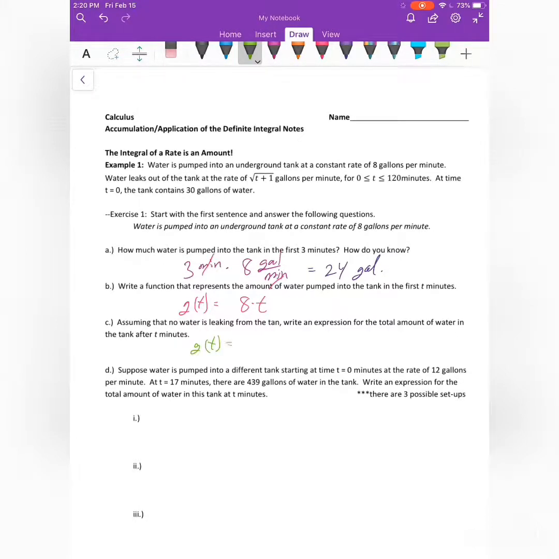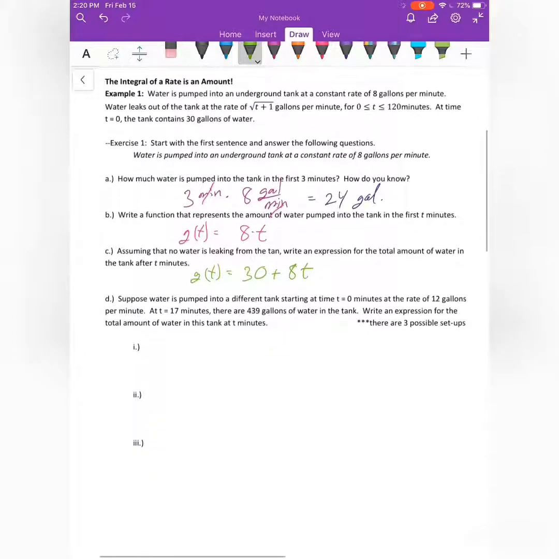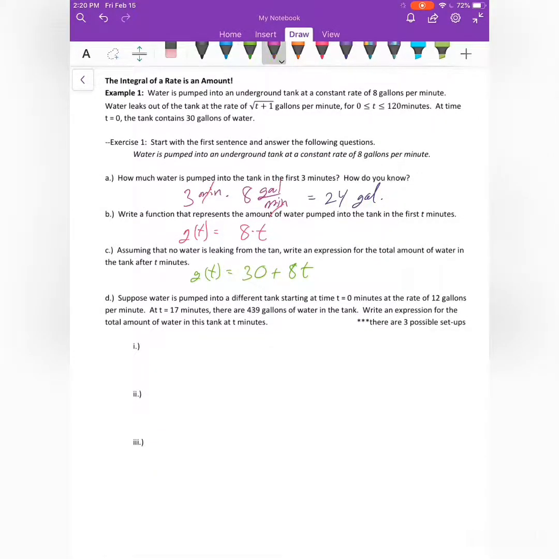So in this case, we have 30 gallons to start plus the amount that came in at any time, which we don't know. So again, the rate in was 8 gallons per minute. We actually take into consideration the initial value, and that part is the part that we have trouble with, we forget that, and that's a big part of the AP test.